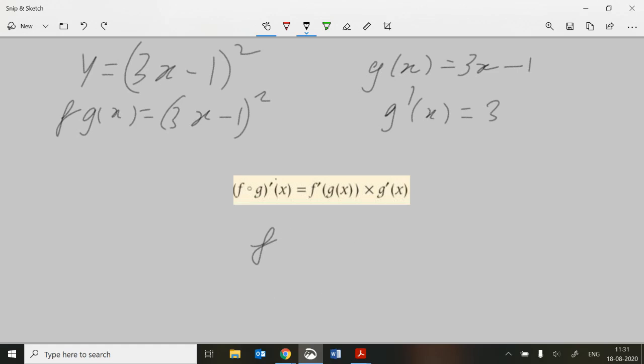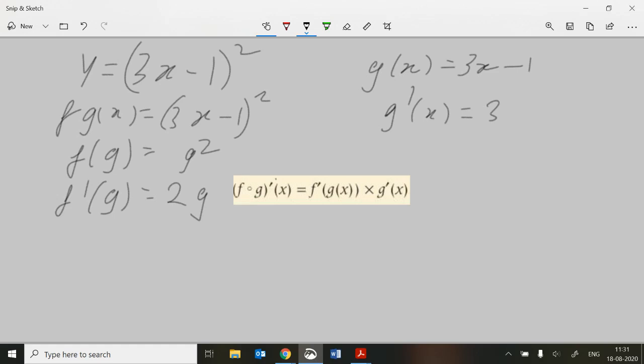So we can say that f of g is equal to g squared, and then f dash of g is equal to 2g.